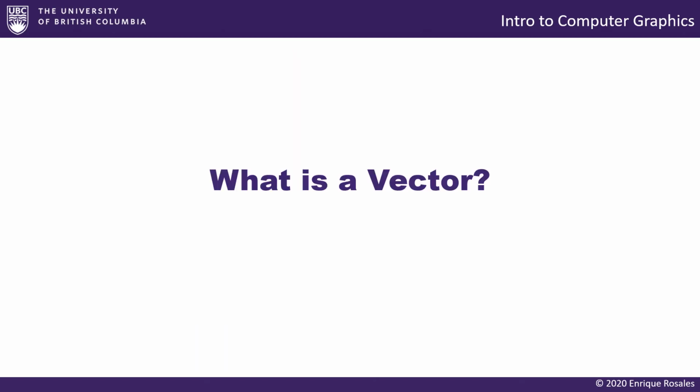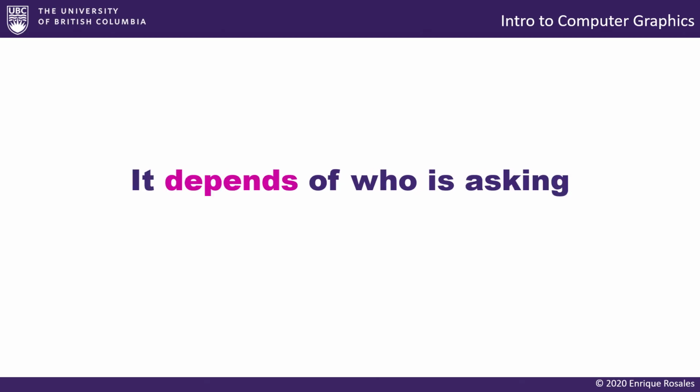So let's first try to understand what is a vector, because vectors are probably the most important mathematical entity that we use in computer graphics. And in my opinion, they can be confusing sometimes. And there has been a confusion in general in mathematics among different areas of mathematics, between linear algebra and geometric algebra and different stuff. So the thing is, if we ask what is a vector, it depends who is asking.